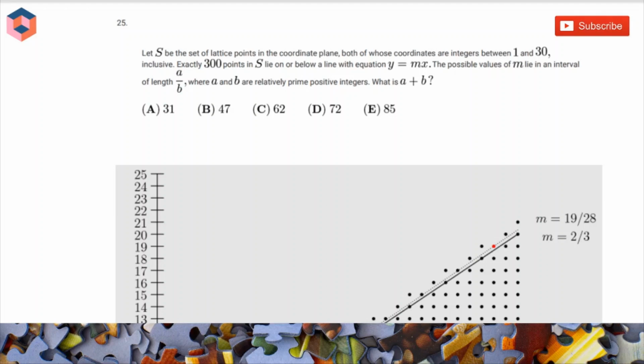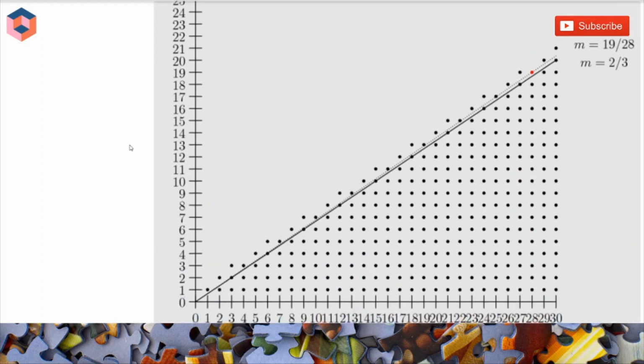Now you need a bit of guessing to get this problem started, and you have to realize that 2/3 works. That seems like a number that would work, and it does work. And the way we prove that is every time the line intersects one of the points, we'll add those up. So we get 1, 2, 3. That's 3.